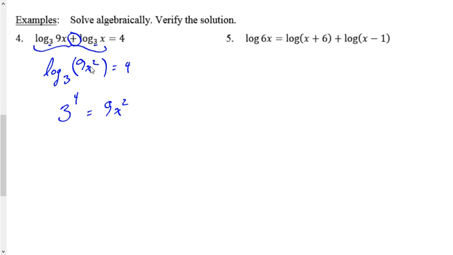And now we have a relatively simple quadratic equation to solve. 3 to the 4th is 81. Divide both sides by 9, and I get 9 is equal to x squared. And when I square root both sides, I will get x is equal to positive or negative 3.